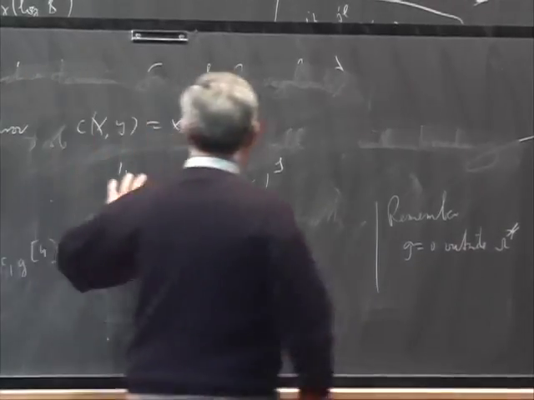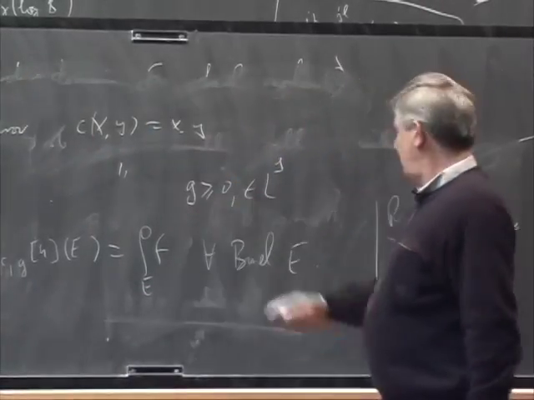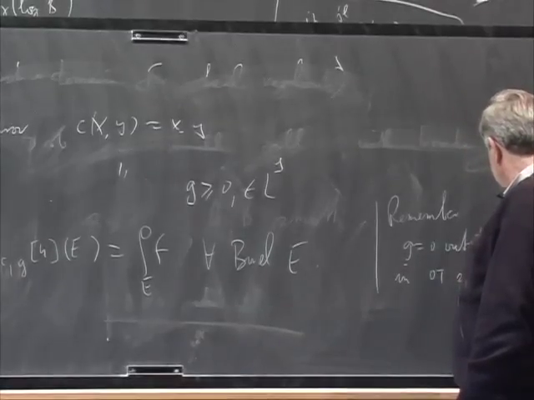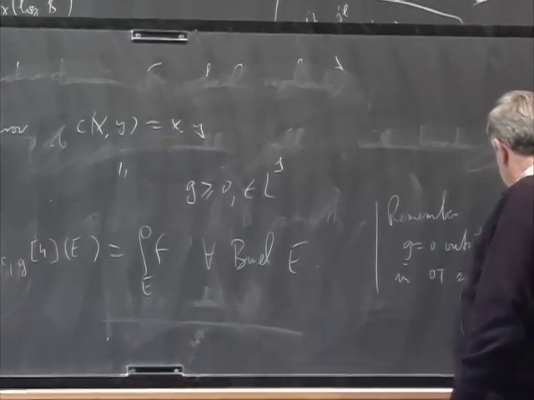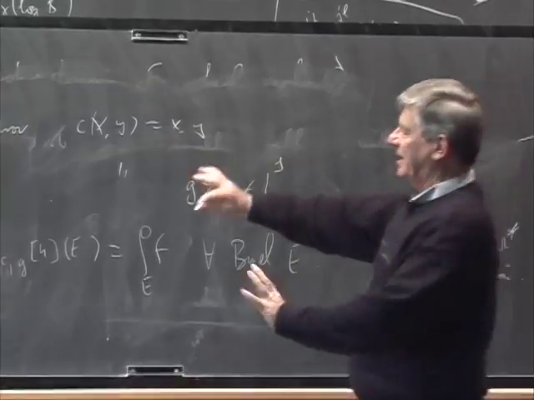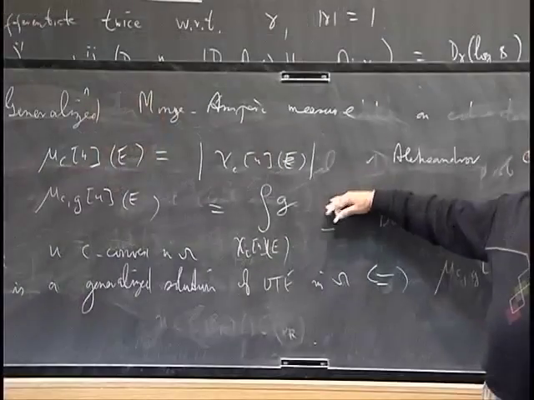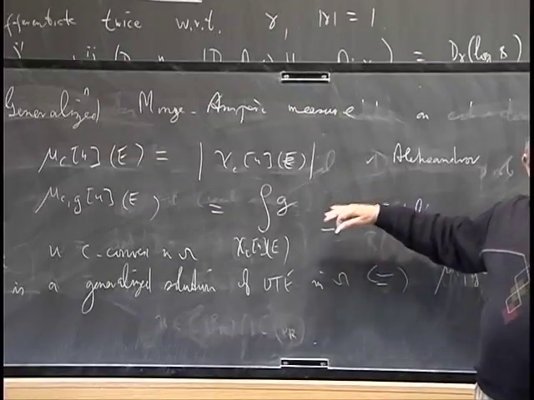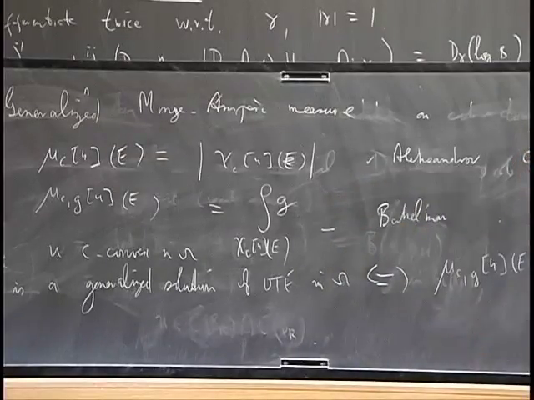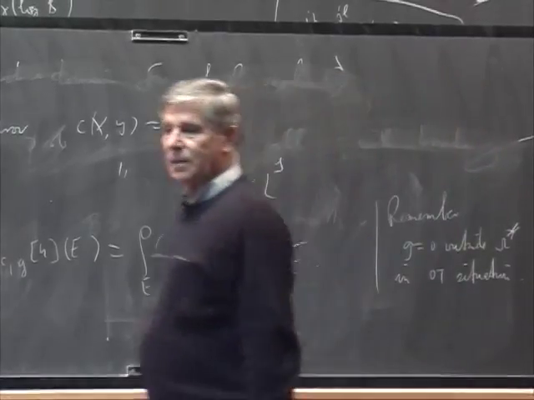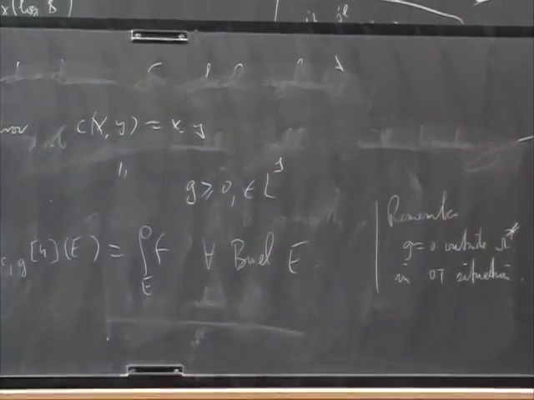For this, I could take any g. This makes sense for any g in L1 of Rn, L1 log of Rn. But keep in mind, when we make a connection, in the OT situation, we want g to be 0 outside omega star. Okay, shall we break now?